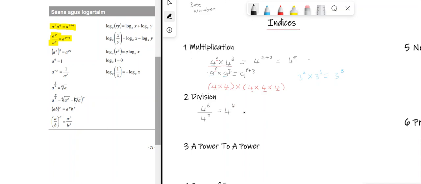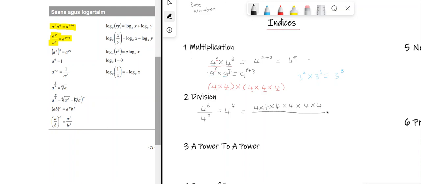And this makes sense. If we write this out, what's 4 to the power of 6? That basically means 4 multiplied by 4 multiplied by 4 multiplied by 4, so 1, 2, 3, 4, 5, 6. That's what 4 to the power of 6 means.